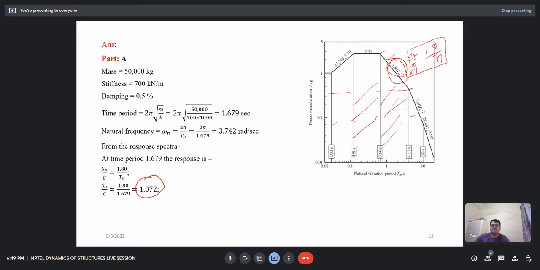Okay, so it will be 1.8 into whatever value we have, 1.679 inverse, raised to power minus 1. Yes, that is simple, that's all.